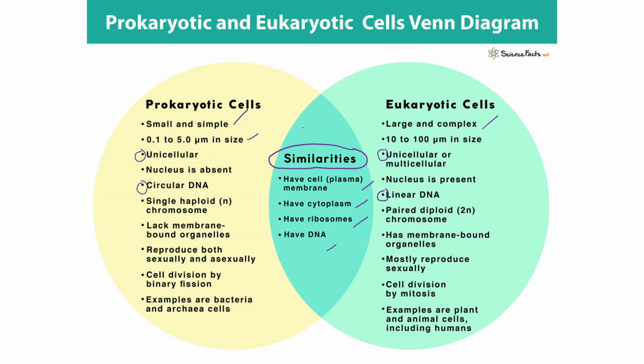So, presenting already the size here, if you try to look at, di ba, 0.1 to 5 micrometers yung prokaryotes, whereas for eukaryotes, 10 to 100 siya. And then in terms of the chromosomes, single haploid for prokaryotes, paired na diploid yung chromosomes ng eukaryotes.